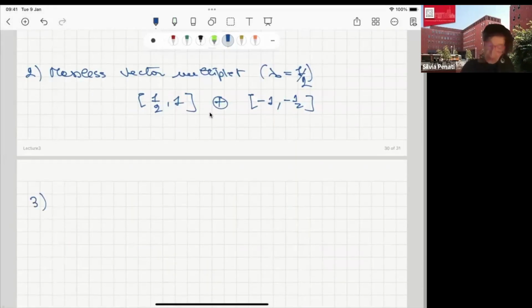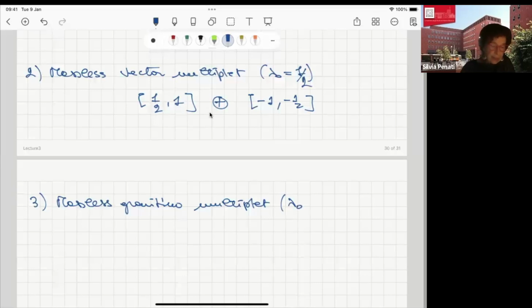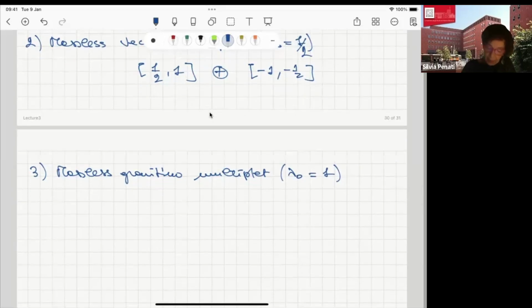Now, we can construct the massless gravitino multiplet. This corresponds to lambda 0 equal to 1. In this case, the spectrum is 1, 3/2 plus the CPT conjugate, which is minus 3/2, minus 1.